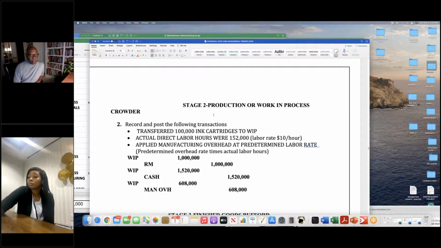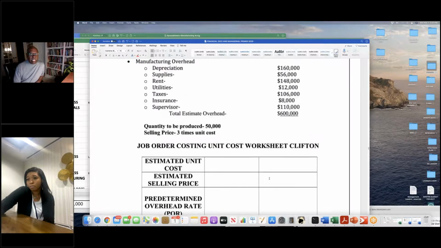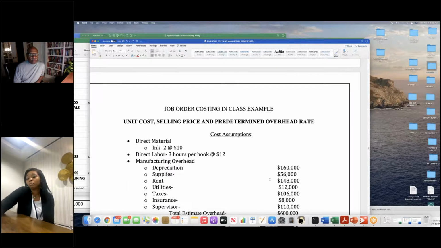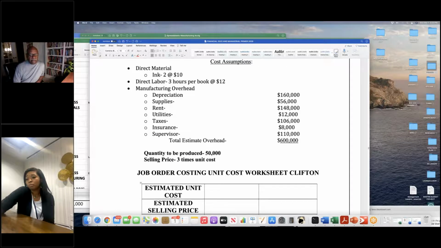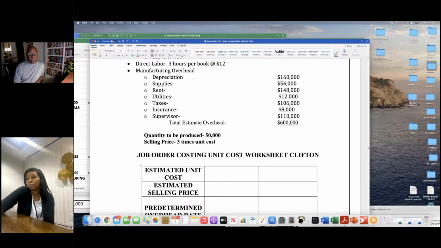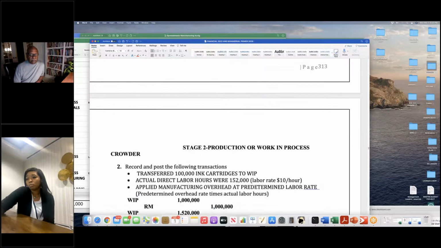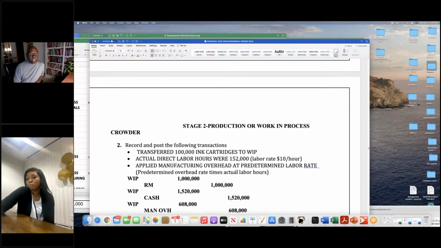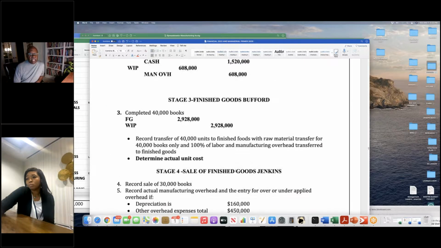Then Crowder, you're doing stage 2, transferring items in the work in process. So what you're going to see is that we're supposed to make 50,000 items, so we're transferring in items for 50,000 items. Once you finish your stage, you can send it on to Buford.